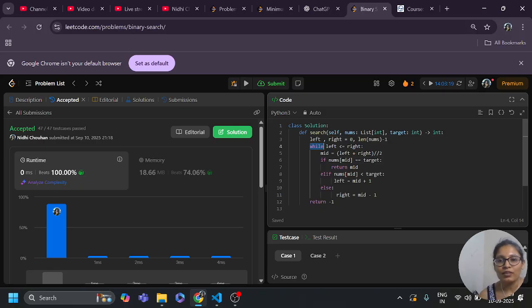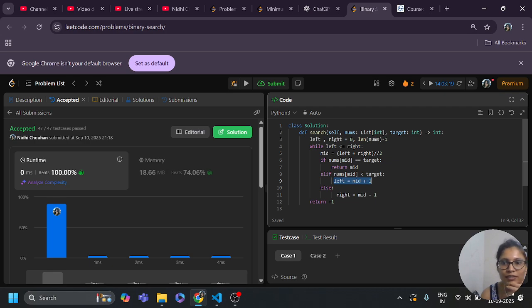If numbers at mid equals target, then return mid. Otherwise, if numbers at mid is less than the target, then we need to search on the right side, so left equals mid plus 1.